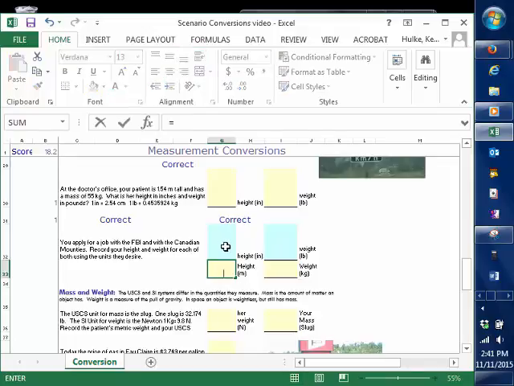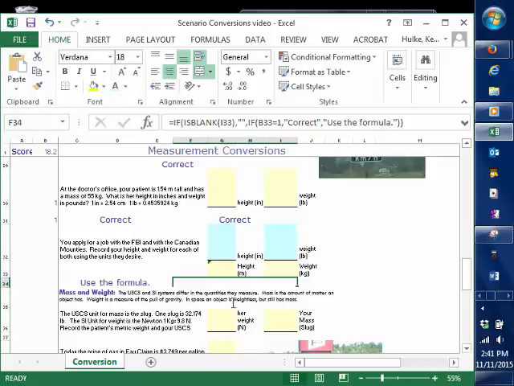So I'm going to take my height in inches, and if you notice, 1 inch is 2.54 centimeters.